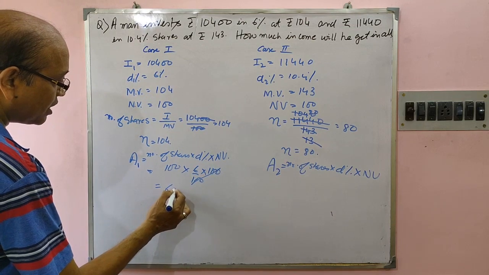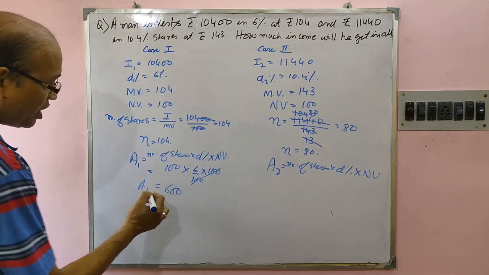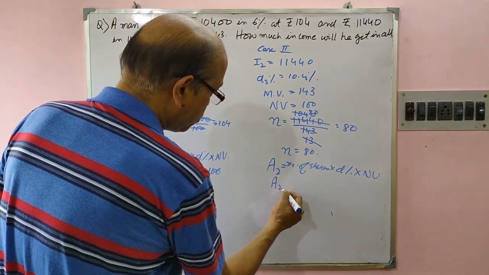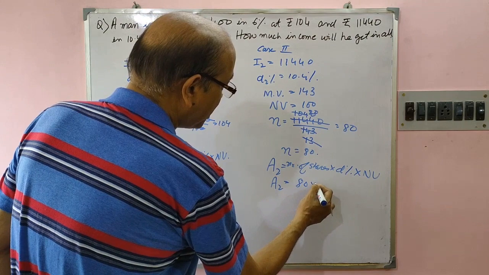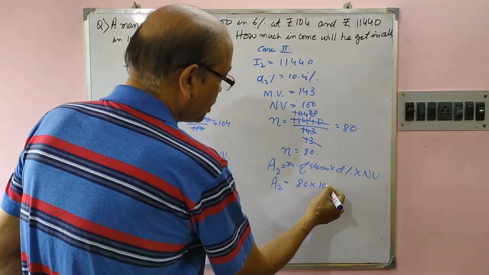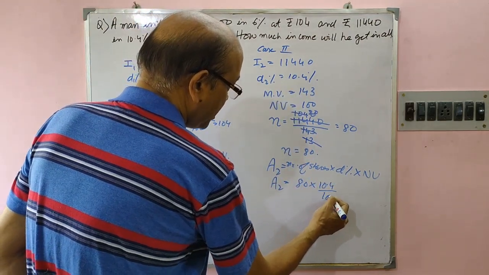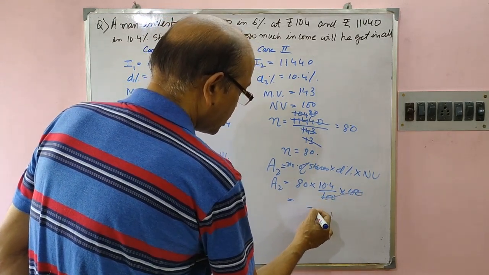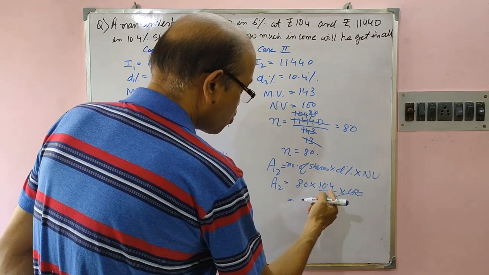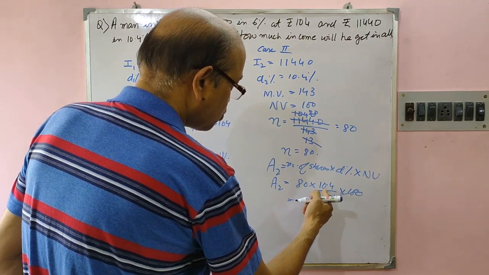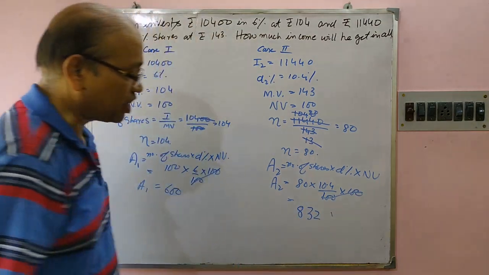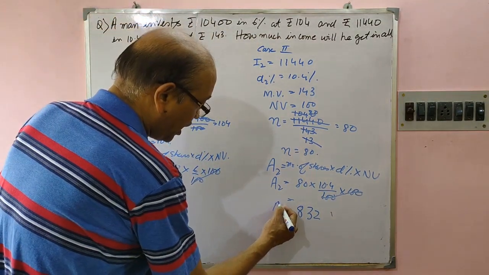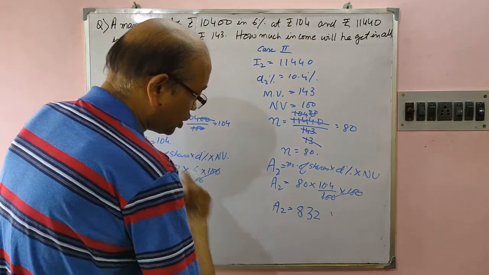So here it is 600. A1 is 600. Here what is A2? A2 is 80 into 10.4% into 100. 8 4s are 32. 832. Therefore A2 is equal to 832.